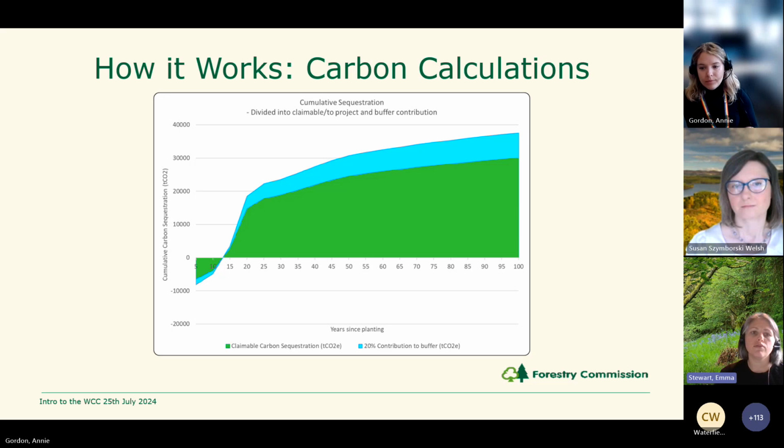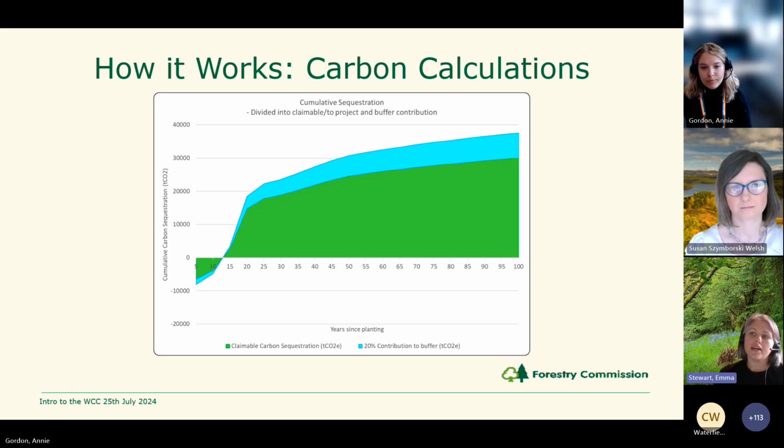You'll see right at the start here, there are some negative emissions. We call that the carbon debt, and that's for things like transporting any trees, preparing the ground, installing fencing, anything that will mean that carbon is emitted. But over time, as the woodland grows, that debt will be paid back and the woodland will begin to sequester more carbon.